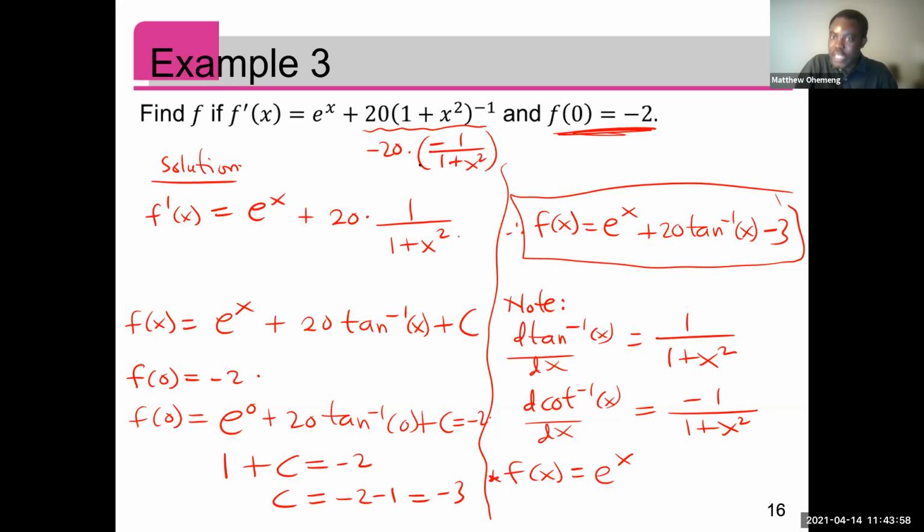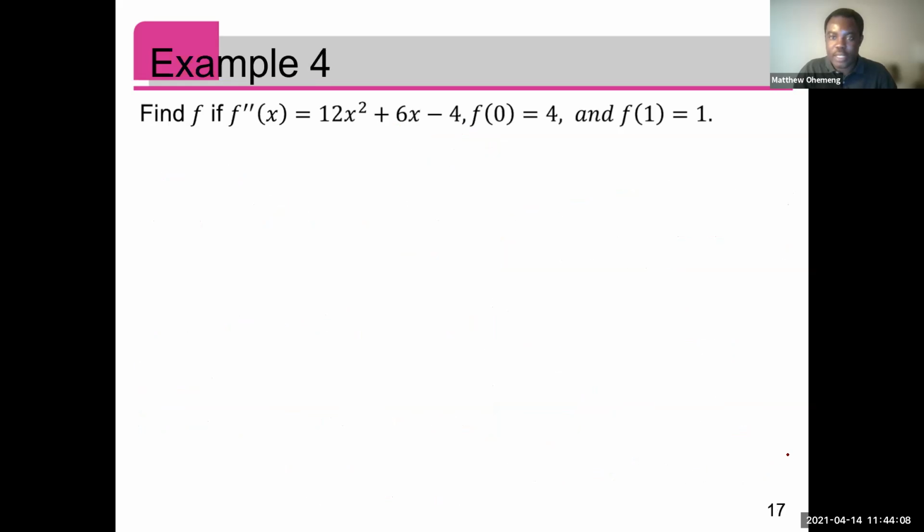So if I'm able to see this, then I can also say it's fair to say that this is also -20 cotangent inverse of x plus c.